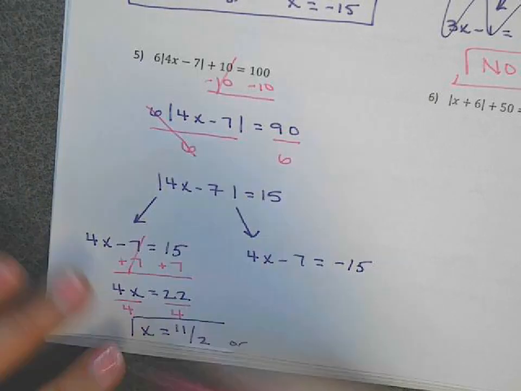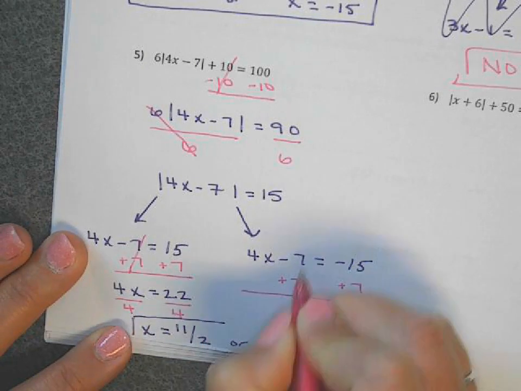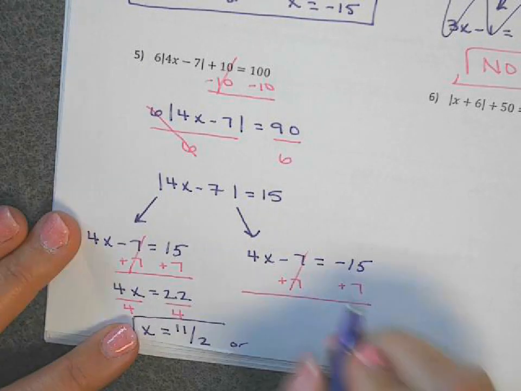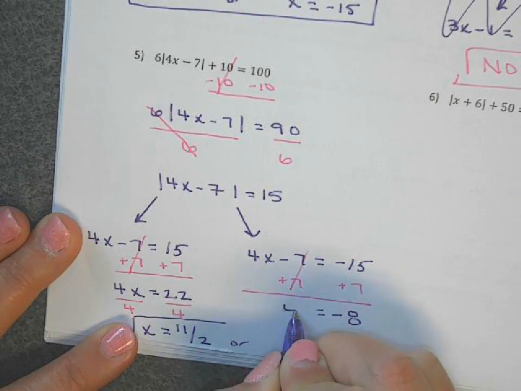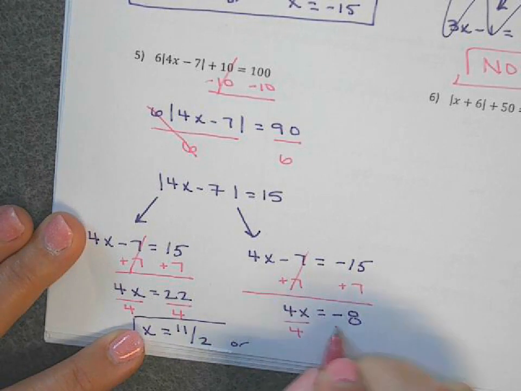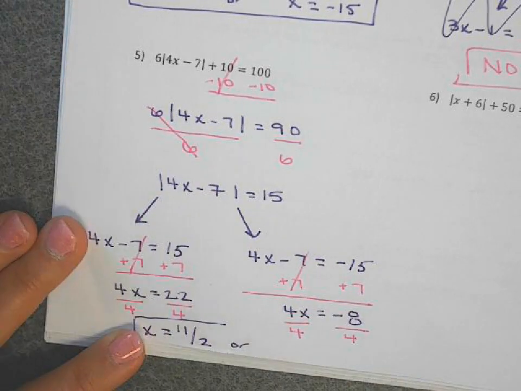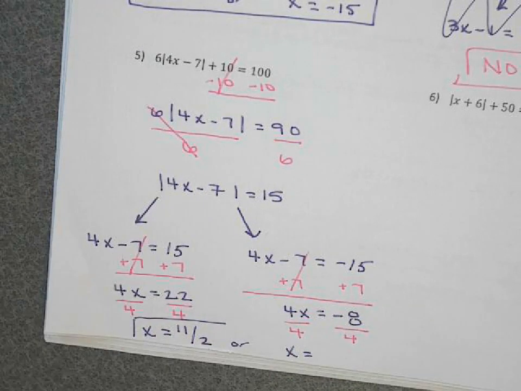Or, we have to finish the other one though. Negative 8 over 4, negative 2.